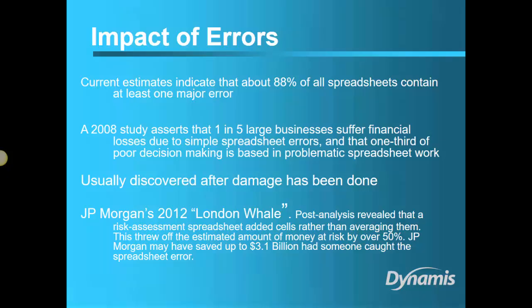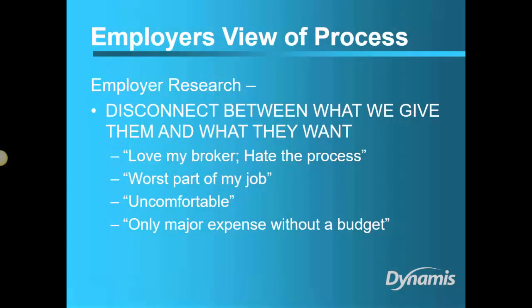That's right, a $3.1 billion loss because one spreadsheet cell was adding rather than averaging. So the impact of those errors obviously have huge financial impact. Yet again, that's the technology that our industry has chosen to work with employers in selecting their plan designs.